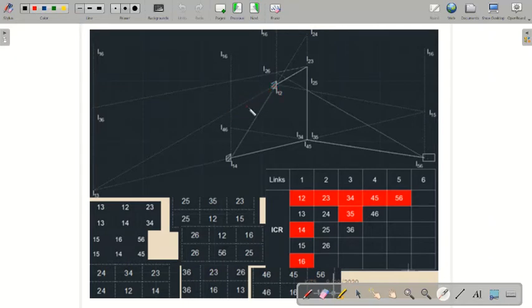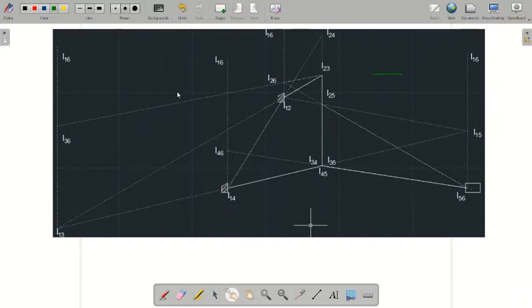Next, what I have written here? 1 4, 3 4. Where is 1 4? So this is 1 4. So this is I34 and I14. I am extending this line. Already I have extended the 1 2, 2 3 line like this.